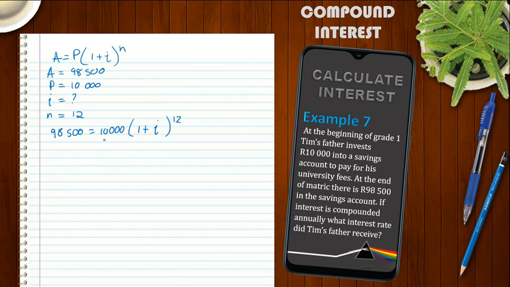Okay, so first thing, we're going to work our way towards the i value. That's what we want to solve for. So the first thing we're going to get rid of is this coefficient over here, dividing both sides by 10,000. Then we're going to take the 12th root of both sides, and then get rid of the 1. So first thing, divide both sides by 10,000.